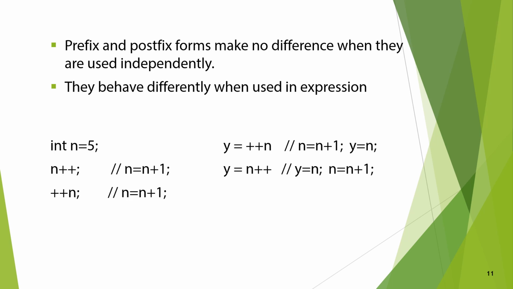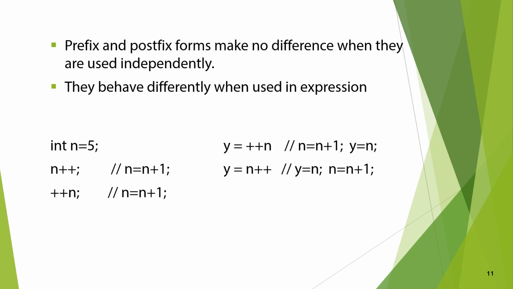For example, consider integer n is equal to 5. When we write n++, its meaning is n = n + 1. And when we say ++n, it also means n = n + 1.